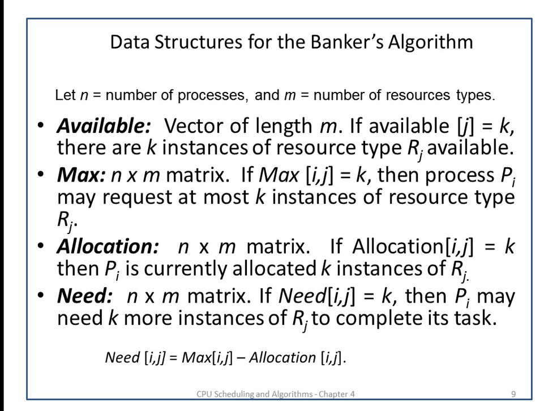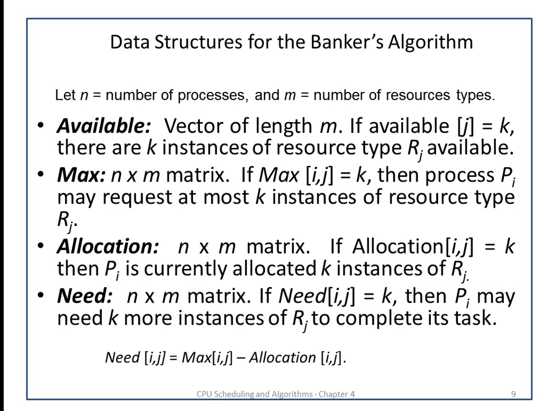If Allocation[i][j] is equal to k, then Pi is currently allocated k instances of Rj. Need is also a matrix of size n by m. If Need[i][j] is equal to k, then Pi may need k more instances of Rj to complete its task.